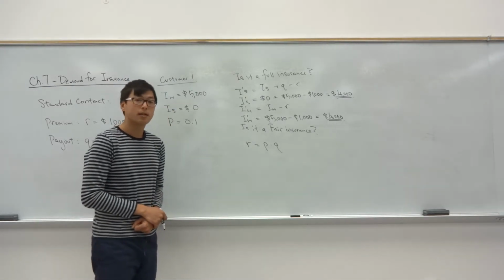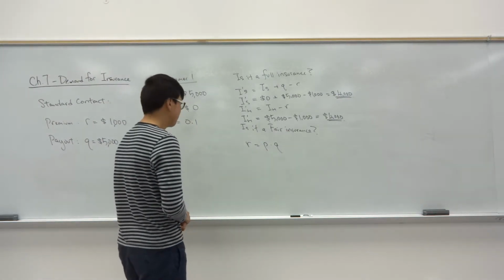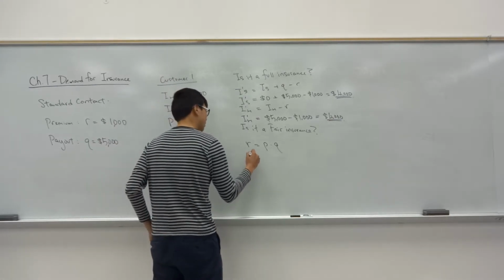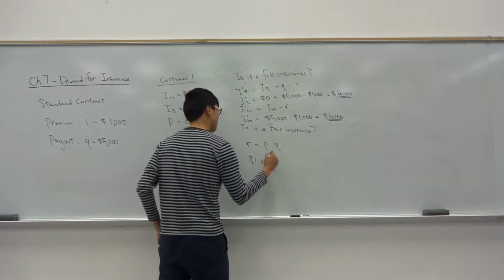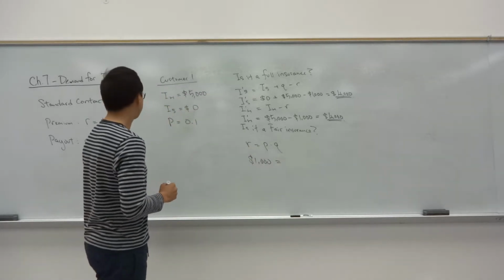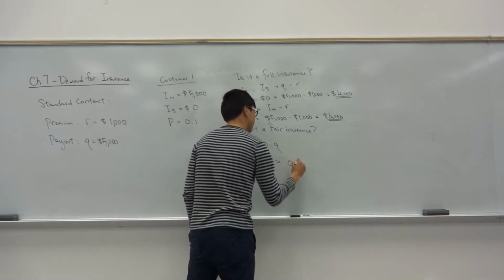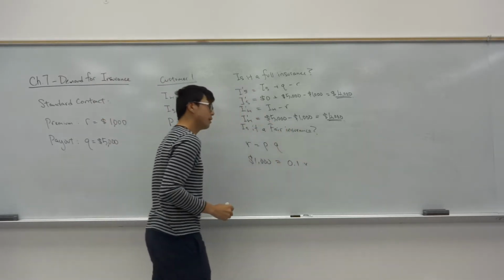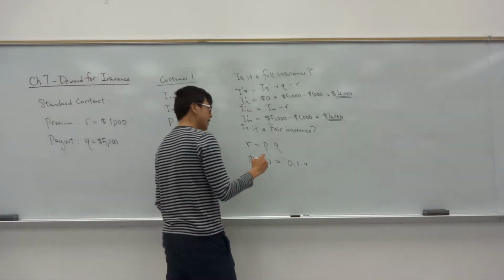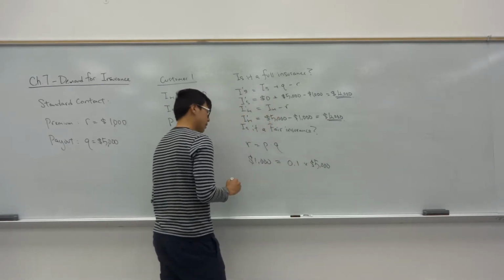So let's take a look at the answer. Do they actually equal each other? R, the premium, is $1,000. Is that equal to P times Q, where the probability of getting sick is 0.1, times the total payout, in this case $5,000 if the person falls sick?